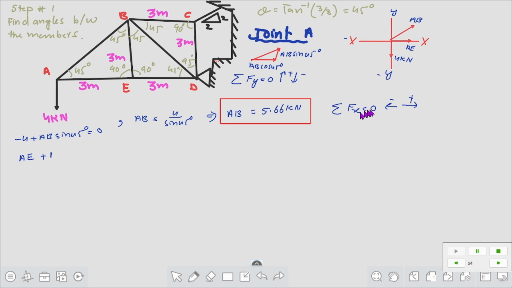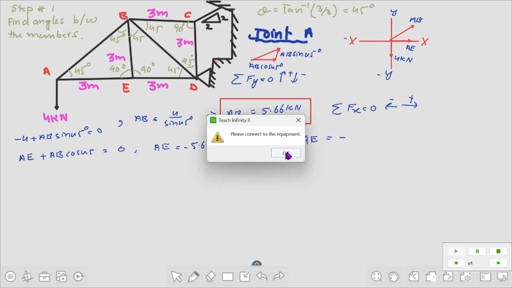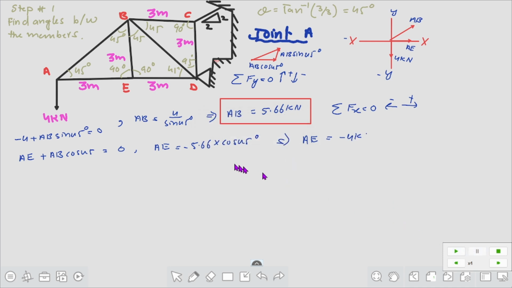Summation of all horizontal forces acting on this joint equals 0. The force directed toward the left is taken as negative and the force directed toward the right is taken as positive. So positive AE plus positive AB cos 45. In place of AB, I will plug in the value of AB, which is 5.66 kilonewton.